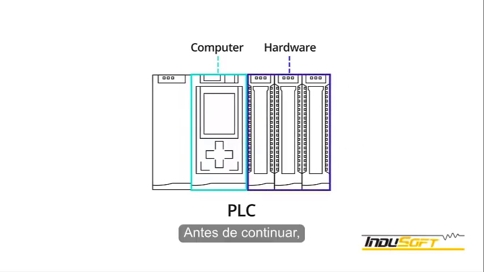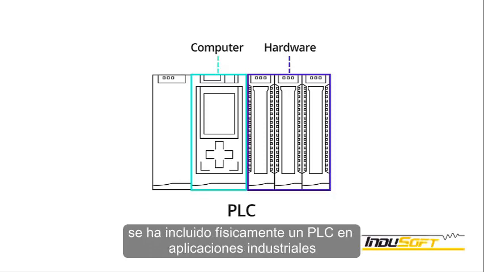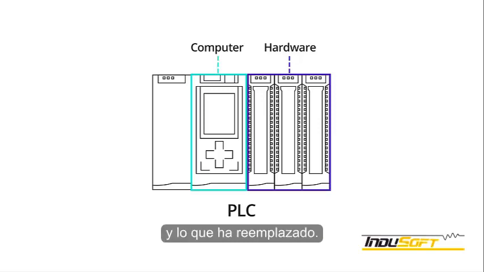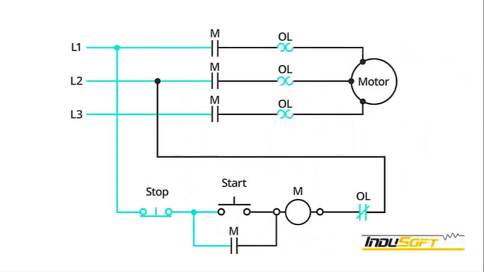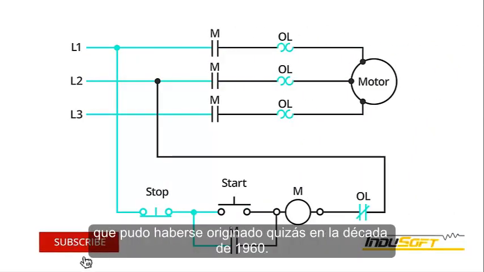Before we go any further, this is probably a good place to discuss how and where a PLC has been included physically into industrial applications and what it has replaced. Let's look at a typical motor starter schematic that could have originated in the 1960s perhaps.